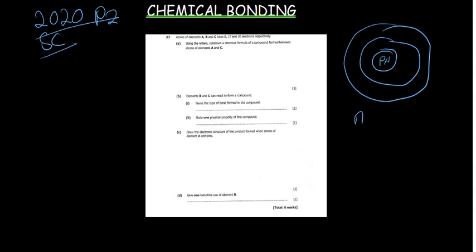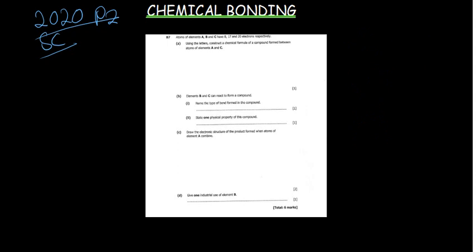We name the shells using the letter n: n1, n2, n3, n4. So n means the number of the shell, and each shell has a maximum number of electrons that it can accommodate.